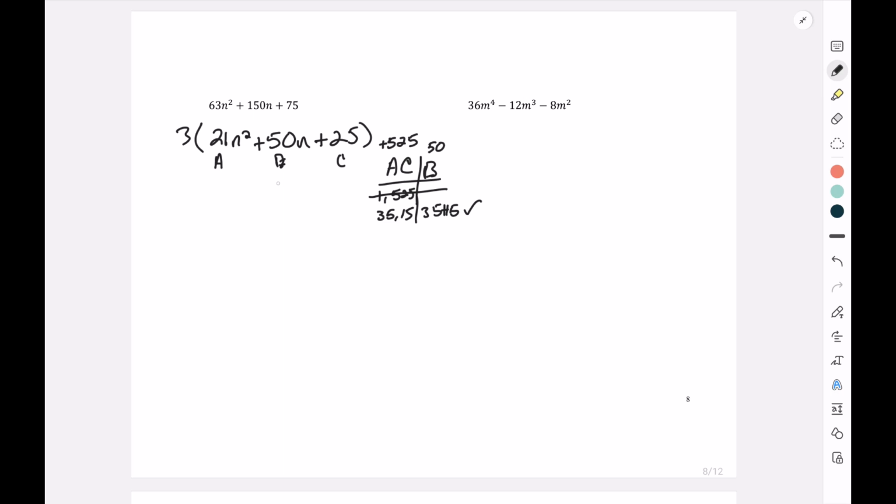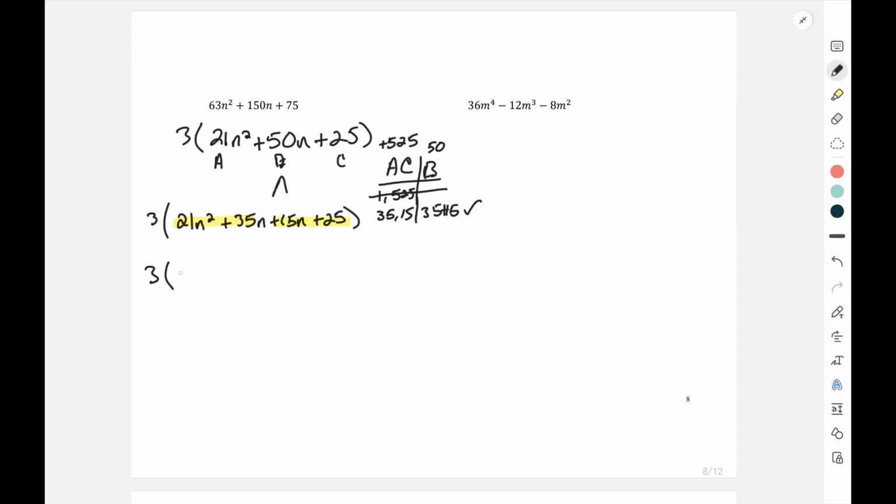We would split the B term, or the middle term. We'll leave the 3 out front, and in parentheses we would have 21n squared plus 35n plus 15n plus 25. Now we're just factoring by grouping. We have our first group and our second. In the first one, we can see that we have a 7n in common.